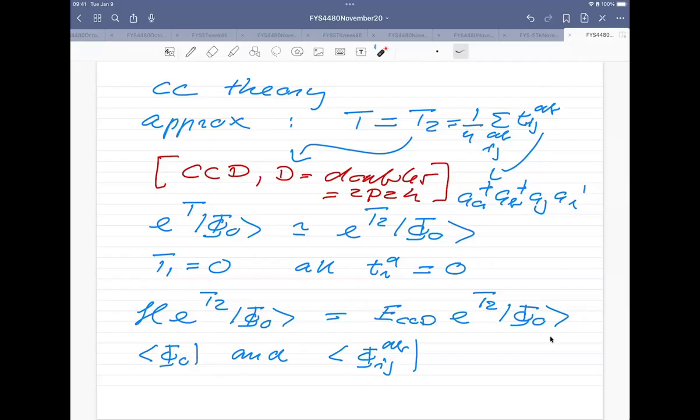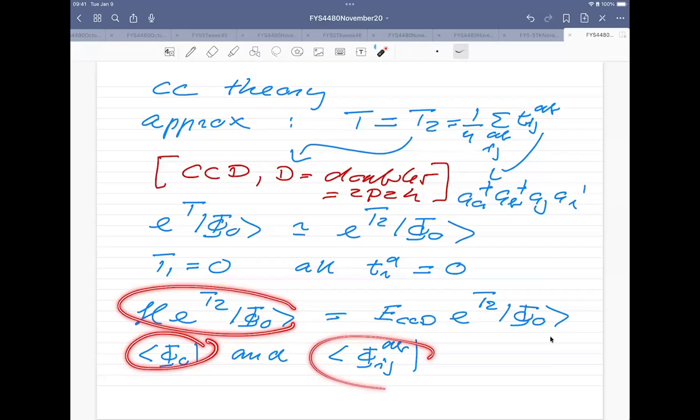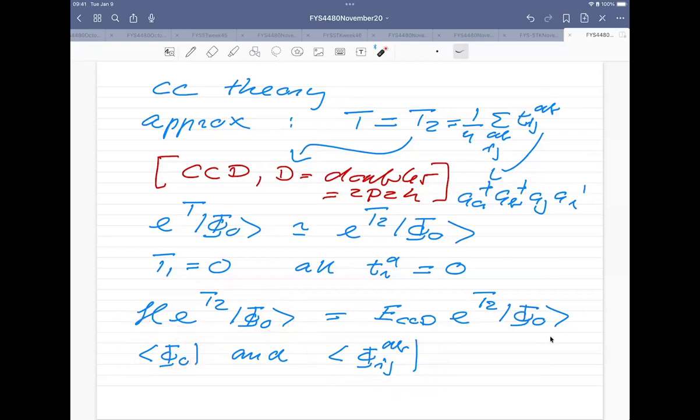Since we have now excluded the one-particle, one-hole excitations, we are only going to look at the part which deals with phi 0 and the two-particle, two-hole excitations. So let's repeat the same exercise which we did with FCI, where we simply multiplied from the left with either this one or that one. We're going to do exactly the same thing.